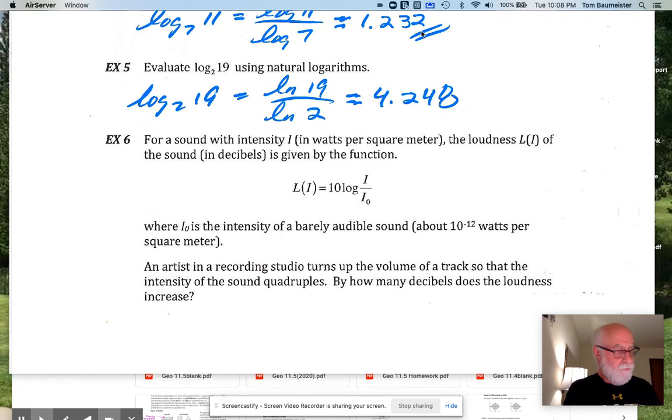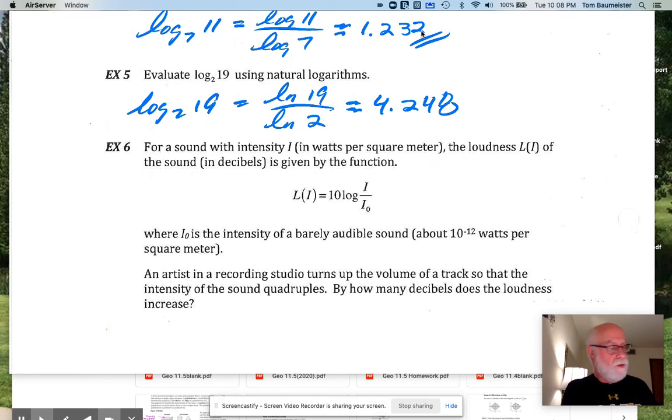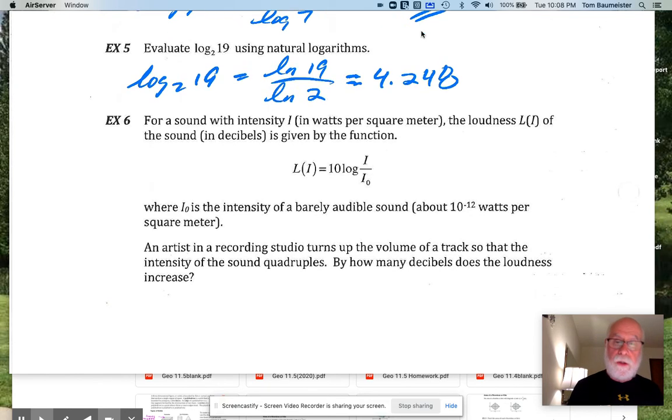Okay, and finally, our last one here is a word problem. Again, we have some more word problems here than we used to. So it's important that you start doing some of them. So, for example 6, for a sound with intensity I in watts per square meter, the loudness L sub I of the sound in decibels is given by the function L sub I is equal to 10 times the common log of I over I sub 0, where I sub 0 is the intensity of a barely audible sound, about 10 to the negative 12 watts per square meter.